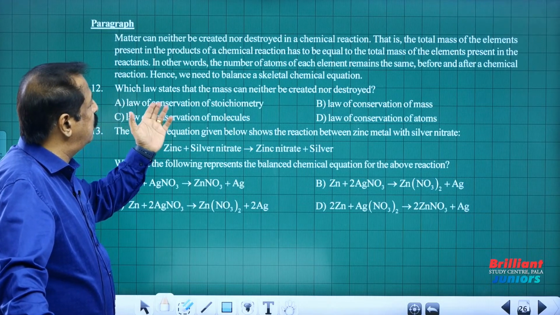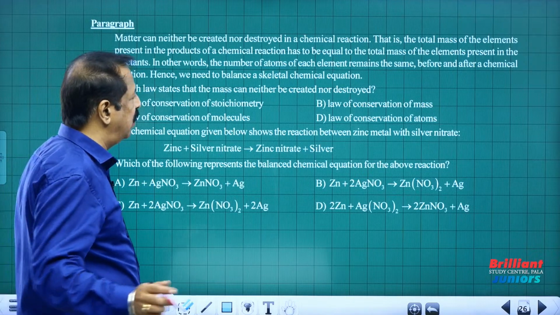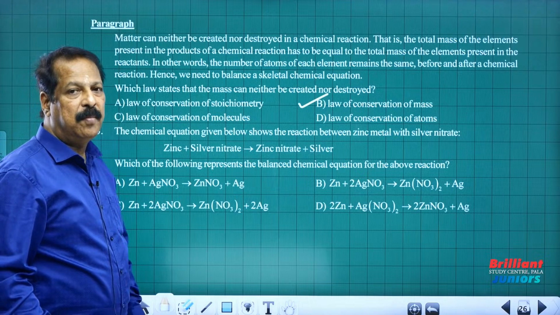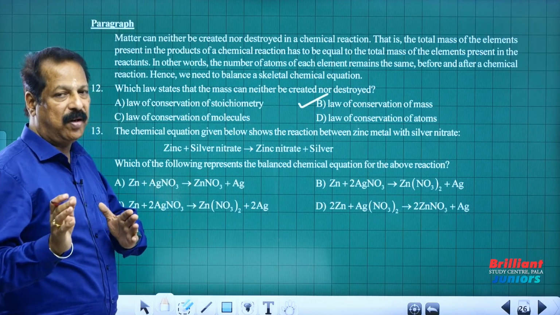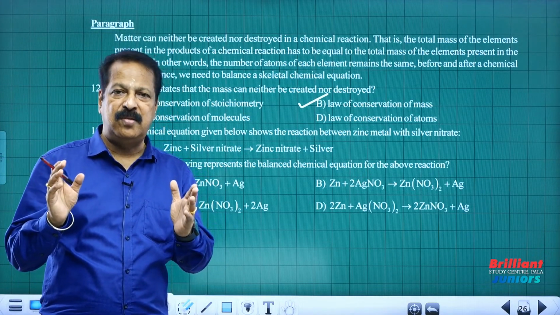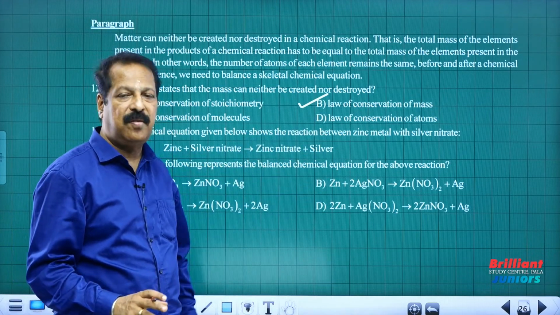Which law states that mass can neither be created nor be destroyed? The answer is the law of conservation of mass, given by Antoine Lavoisier. The total mass of reactants is equal to the total mass of products. So that is called the law of conservation of mass.